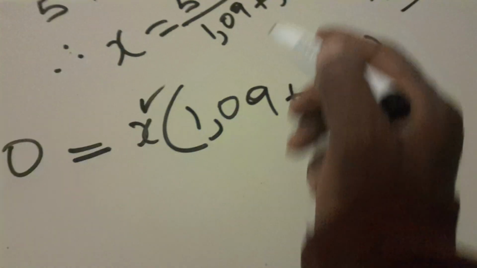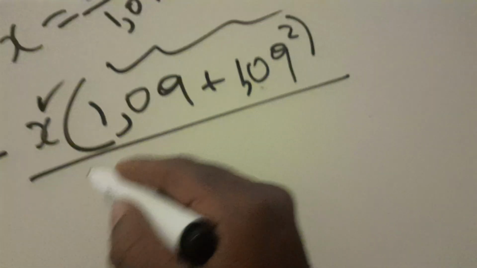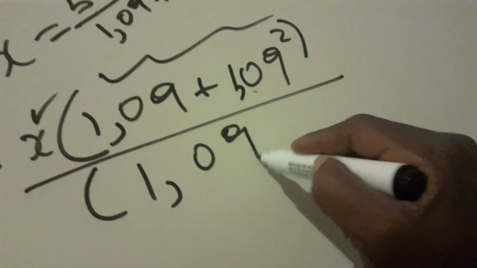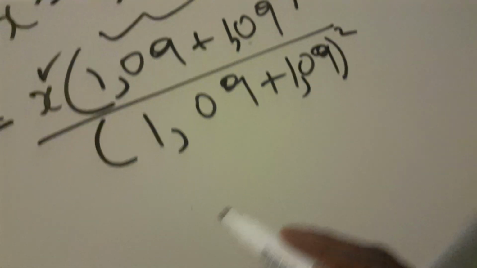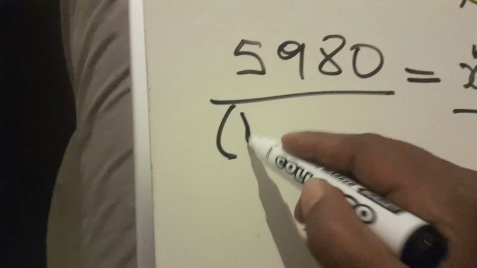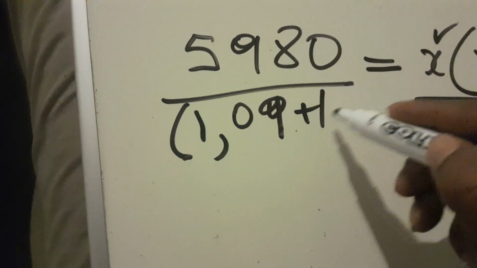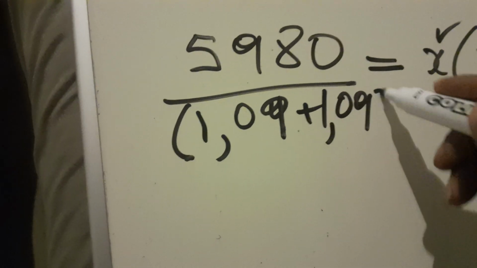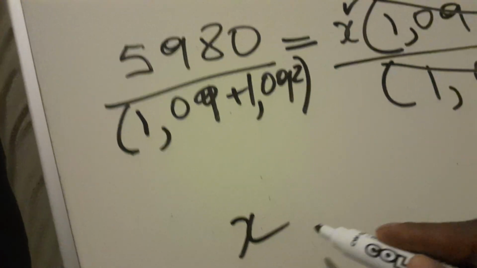If I am looking for x, I will have to divide both sides by 1,09 plus 1,09 squared. Then do the same thing on the other side. It cancels, then it leaves you with x.